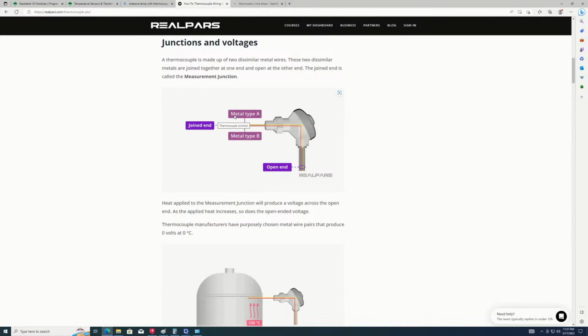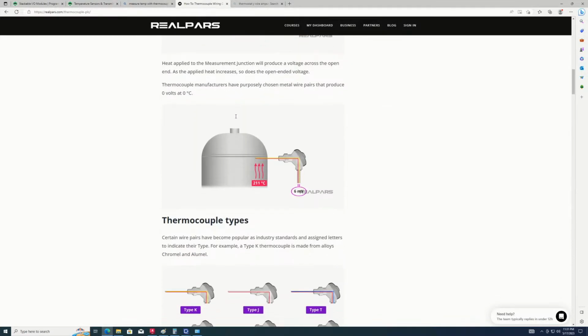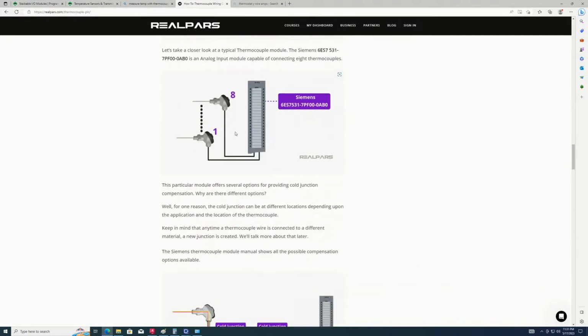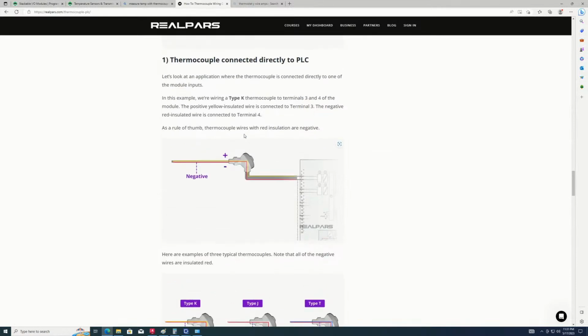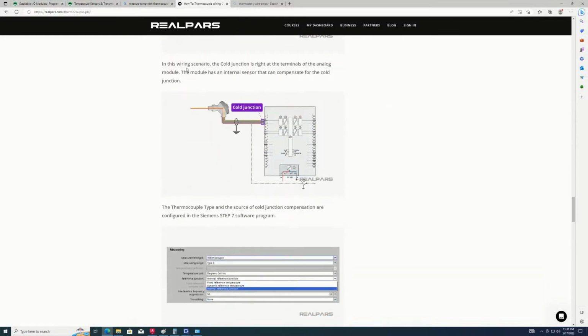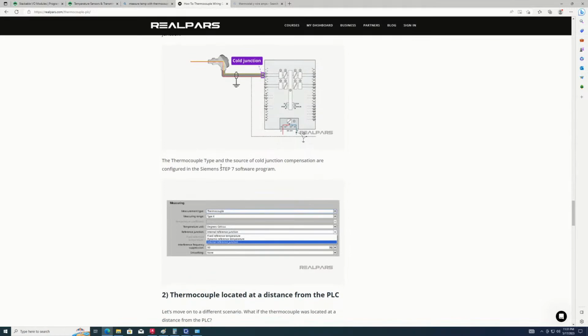Exactly. Nobody wants to measure open air. We got to stick our probe into something, and it's got to be able to be screwed into it. Type K is the most common, if I remember correctly.